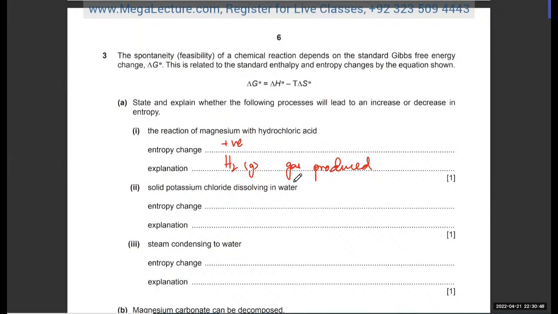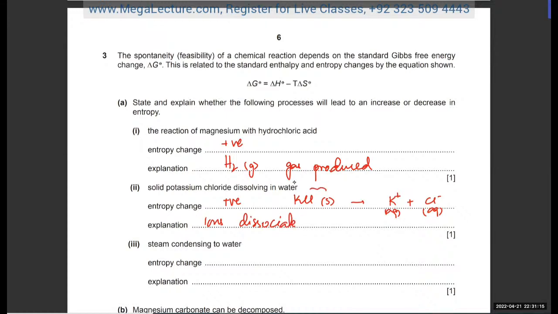Potassium chloride dissolving in water. Is that positive or negative? Positive. And why is it positive? Since it is dissolved in water, the molecules are moving more. So you're going to write that the ions dissociate in the aqueous state and more particles are produced.